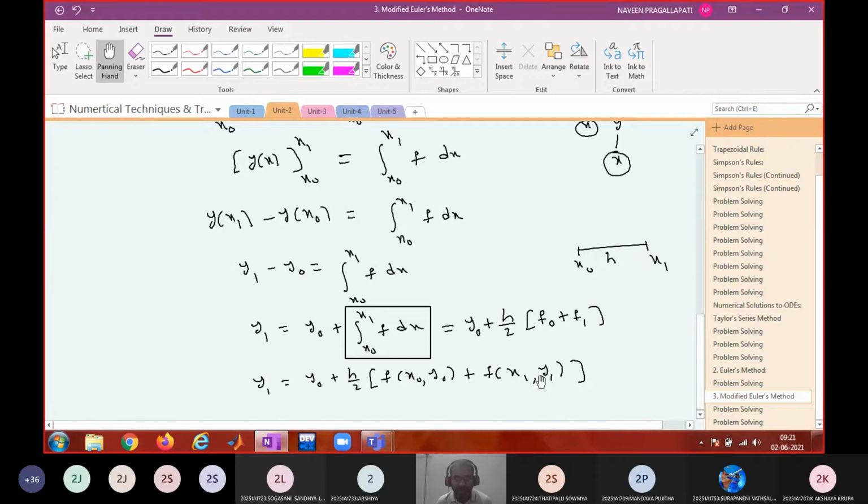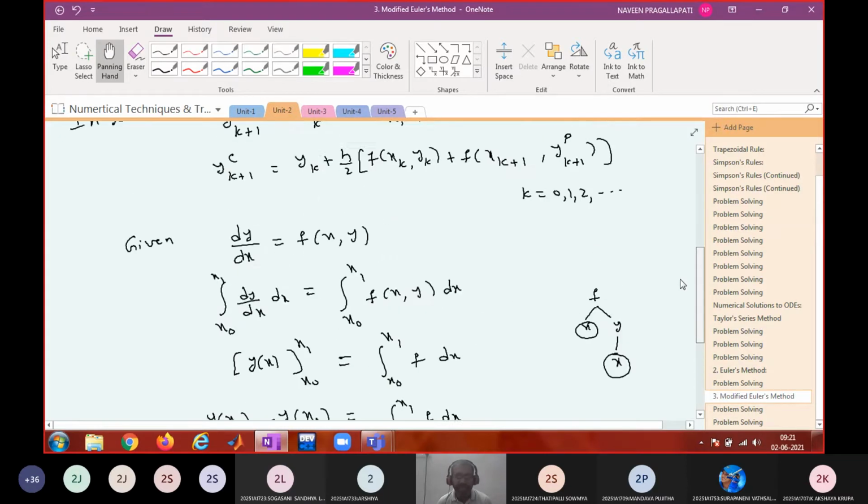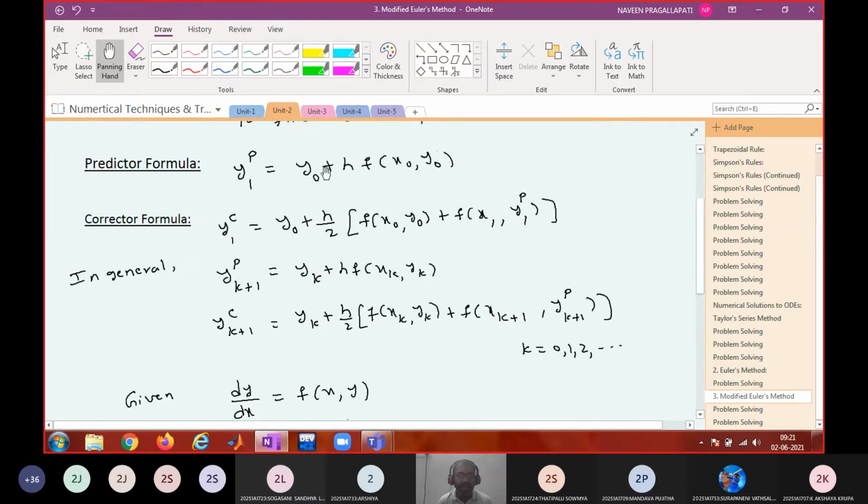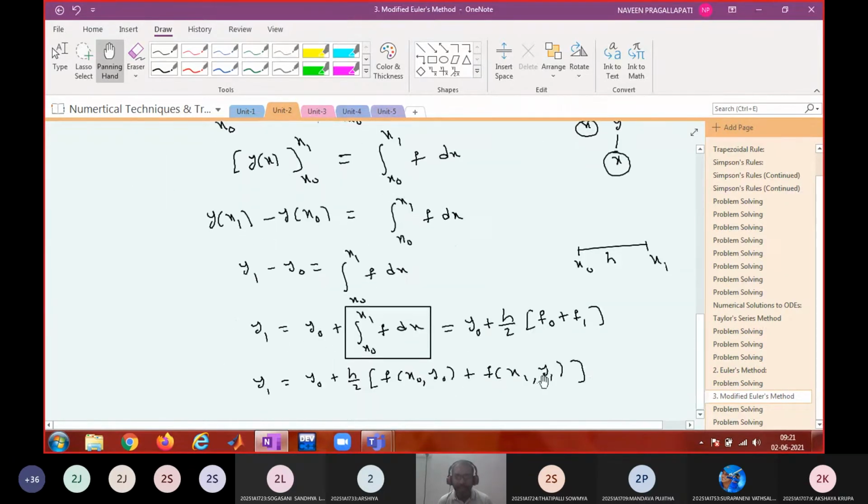So we should have some estimate for y1. Then only can you improve the value of y1 here. So what is that initial estimate? That initial estimate is given by Euler's formula. Apply Euler's formula to find y1, and use that y1 here, so that a second, better approximation will be there. If I put y1 power 0, what is y1 power 0?